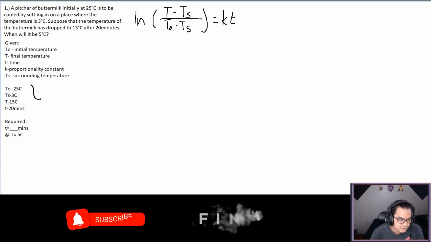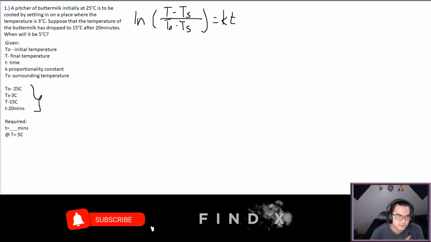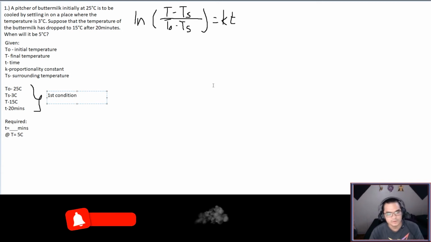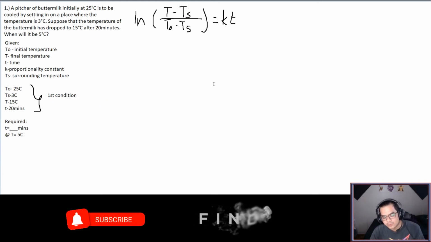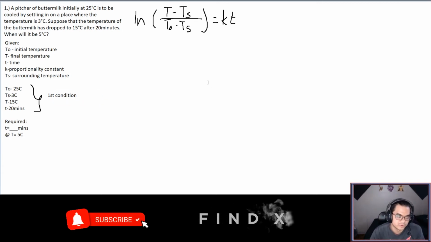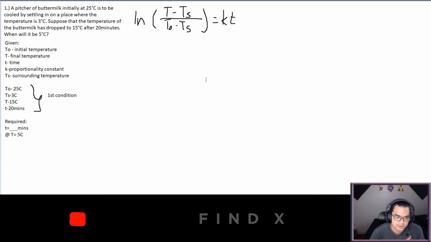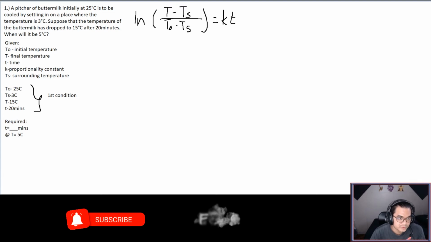Now applying this first, this is the first condition. So remember again, the sole purpose of the first condition is just to find the value of k.